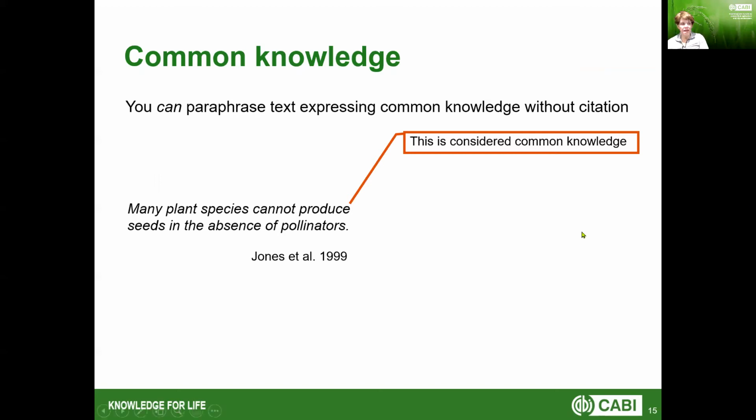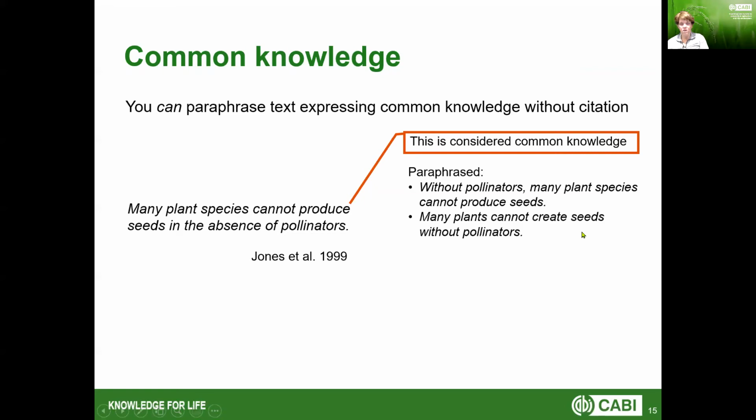You can paraphrase that without citing the original source. Without pollinators, many plant species cannot produce seeds, or many plant species cannot produce seeds without pollinators. Those kinds of rewording are okay to do for common knowledge without citation.